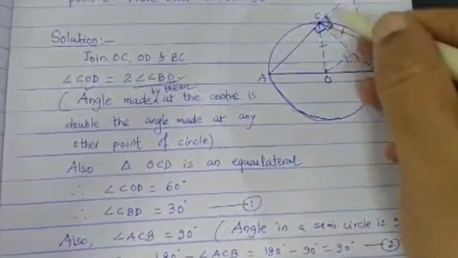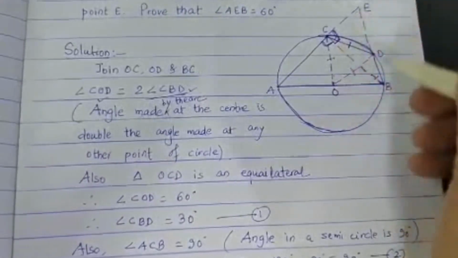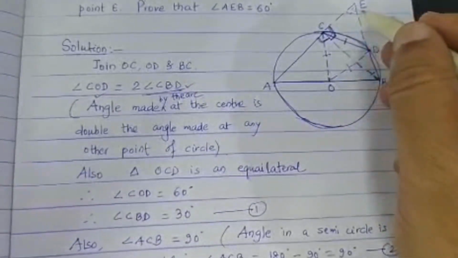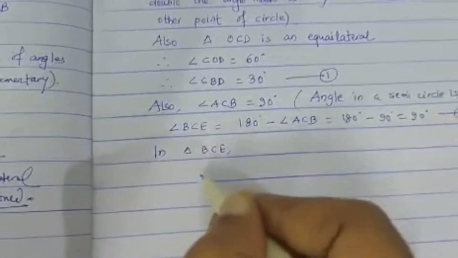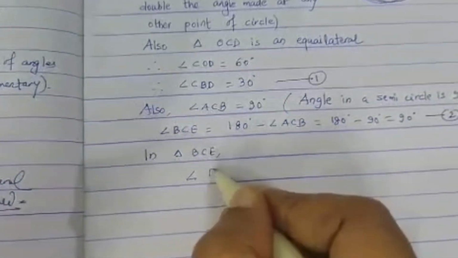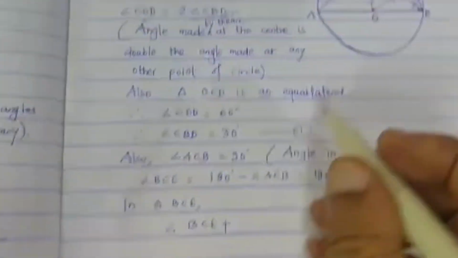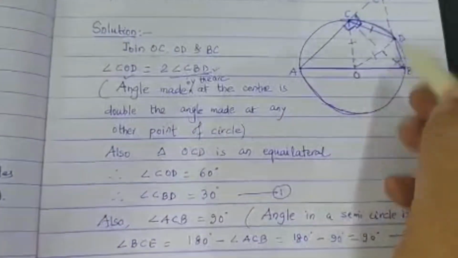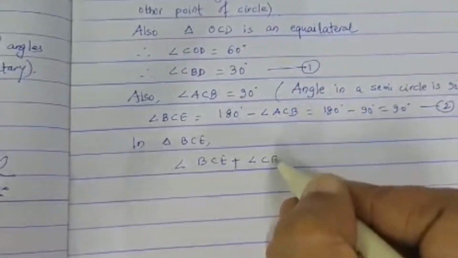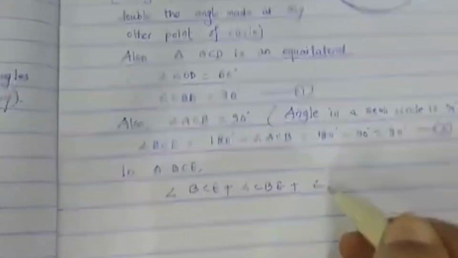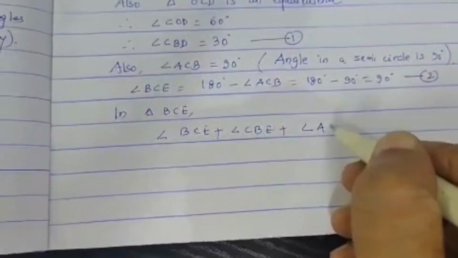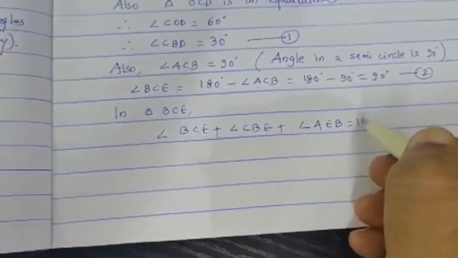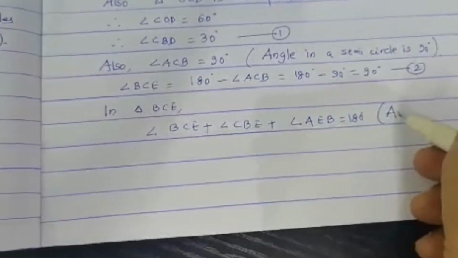So in triangle BCE, angle BCE plus angle CBE plus angle AEB, which is what we require, is equal to 180 degrees. This is the angle sum property of a triangle.